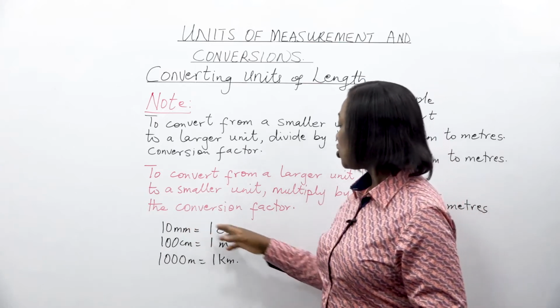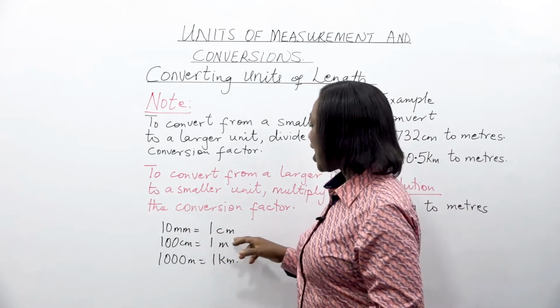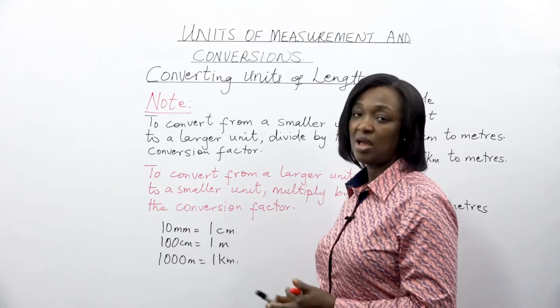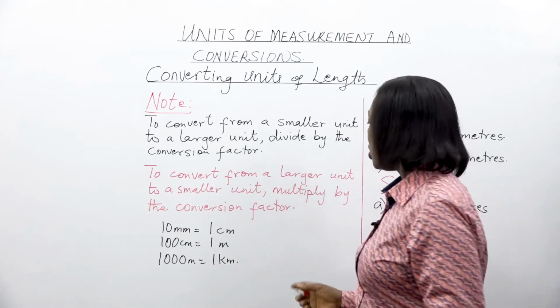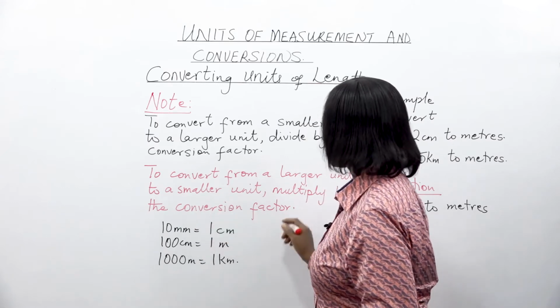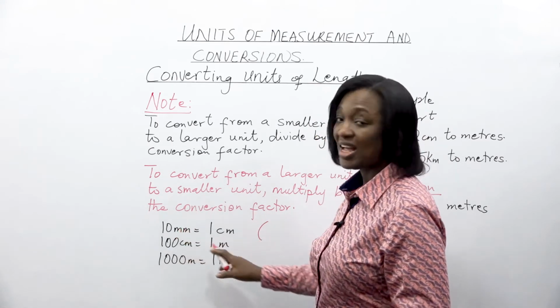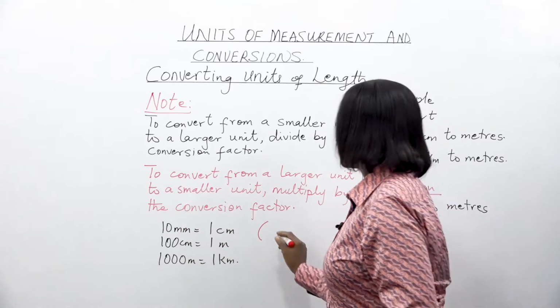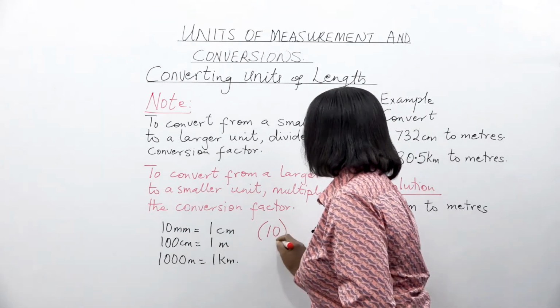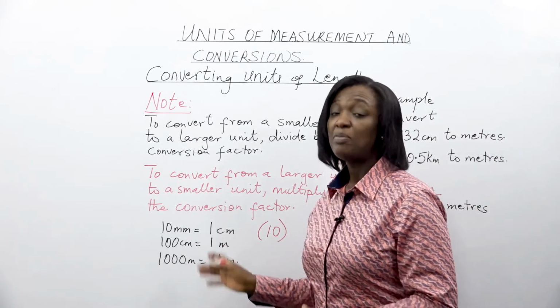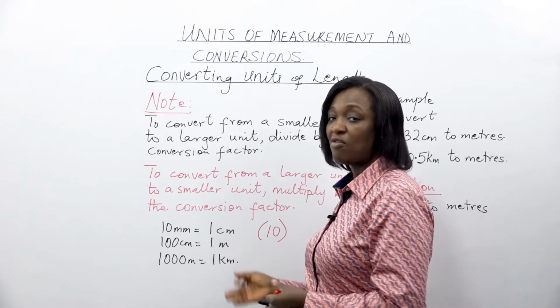So the conversion factor between millimeters and centimeters is 10 because 10 millimeters make a centimeter. So I'm just going to write the conversion factors by the side. So between millimeters and centimeters, the conversion factor is 10. So you're either multiplying by 10 or dividing by 10, depending on which you are converting.